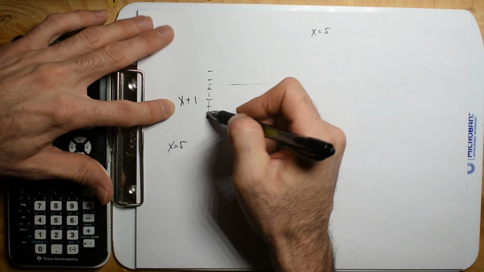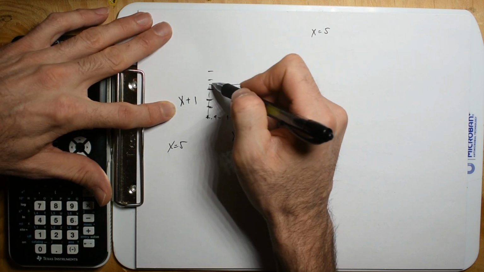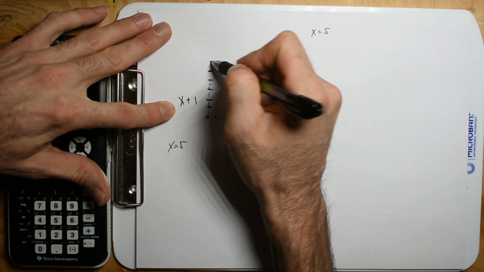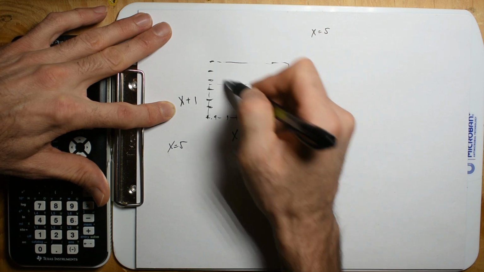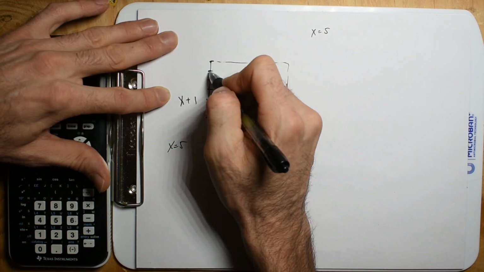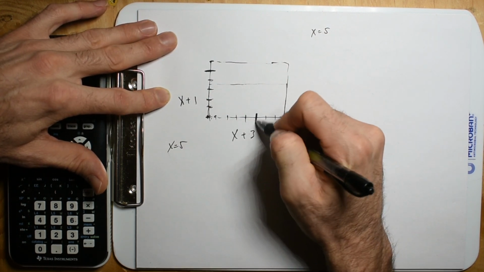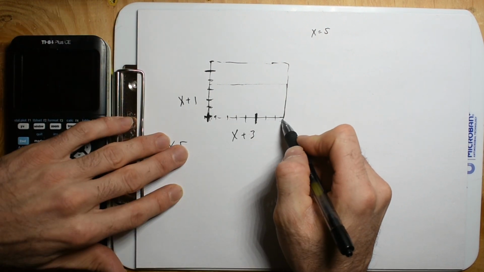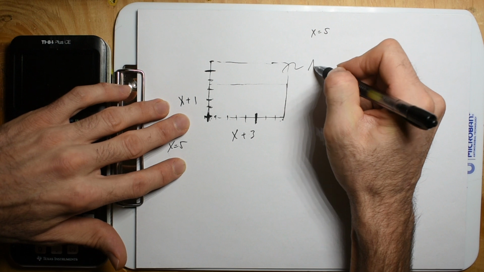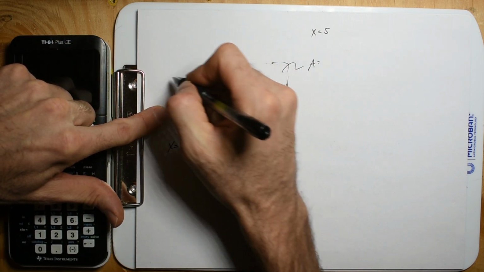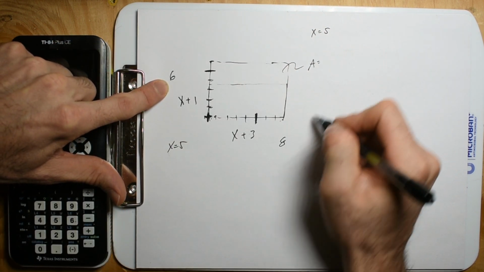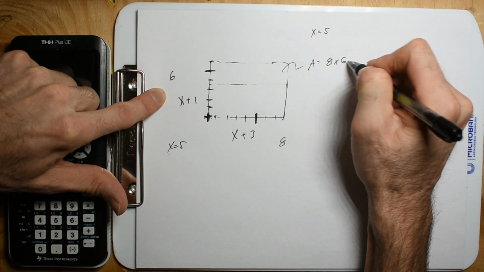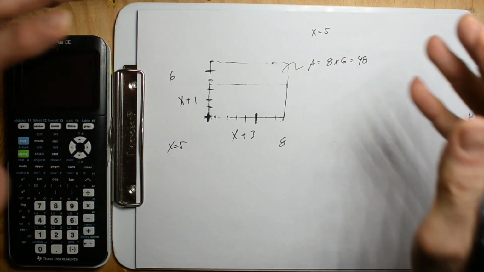And then this is 5 plus 1. Sorry, so that's my box right there. Those are the x's at 5, and then we have plus 3. So we have a box with an area of, this would be 6, and this would be 8. So we have an area of 8 times 6. That's going to be an area of 48.